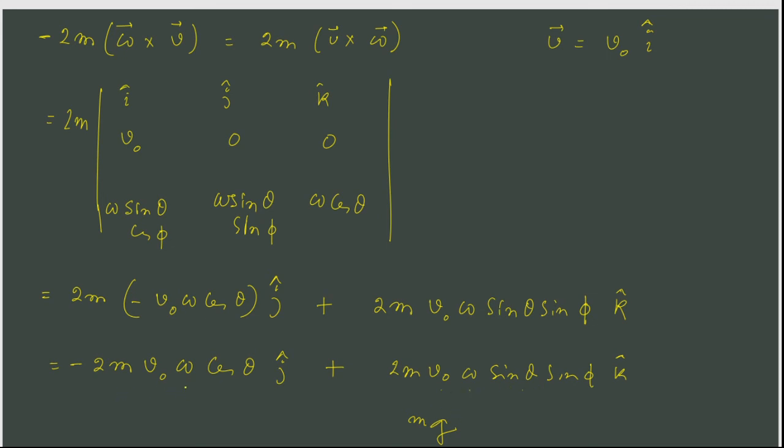But what we have is, earlier we did not have any force along the transverse direction, but now we have one, and the direction being along the negative of j as long as cosine theta is positive. So let's say we are considering theta less than or equal to 90 degrees, and obviously for that what we have is cosine theta positive. So as such, the Coriolis force would be along the negative y-axis.